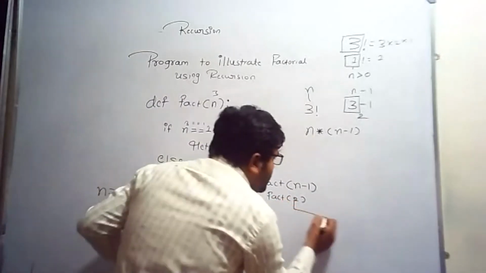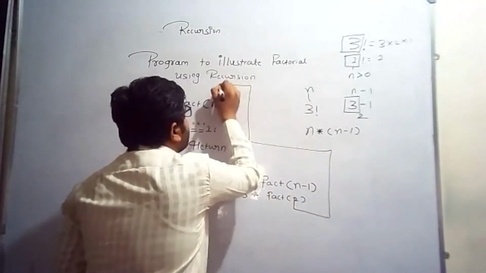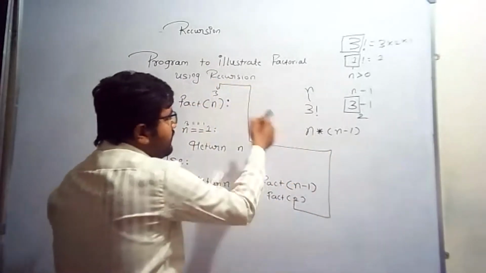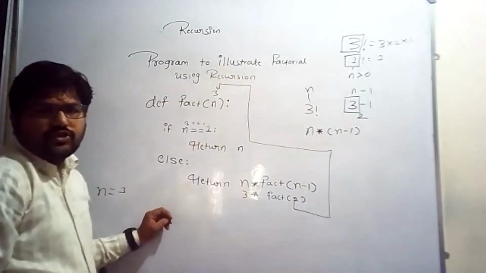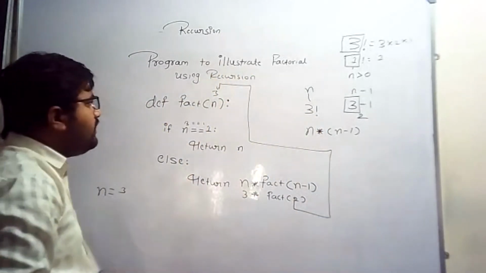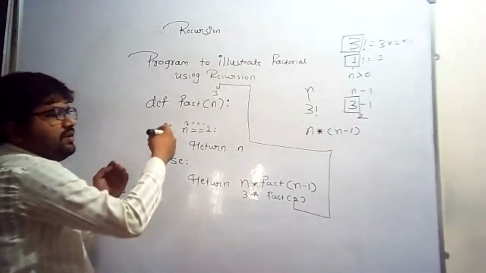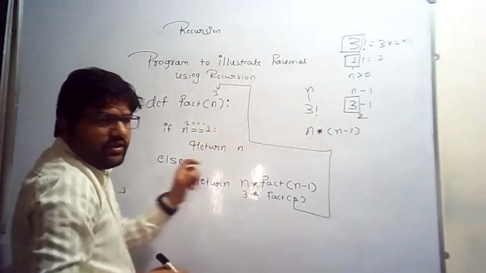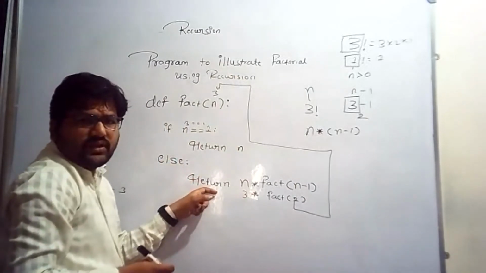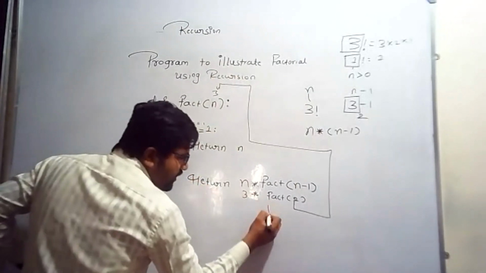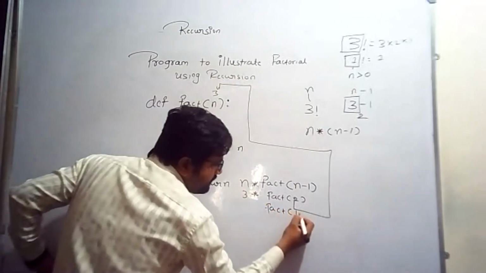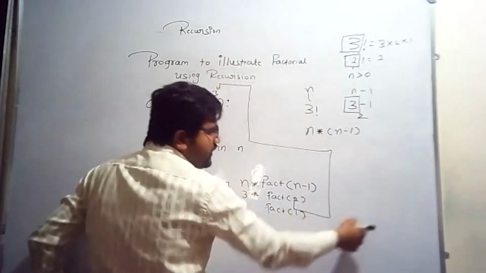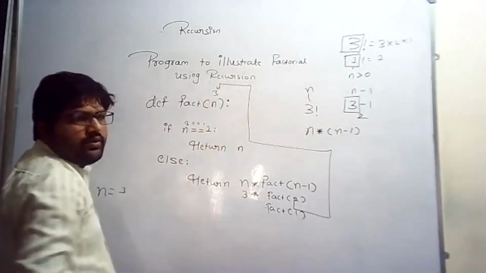Now check here. It will call the fact function. The same thing: 2 equal to 1, condition false, so the else part comes. It becomes 1. 1 equal to 1.